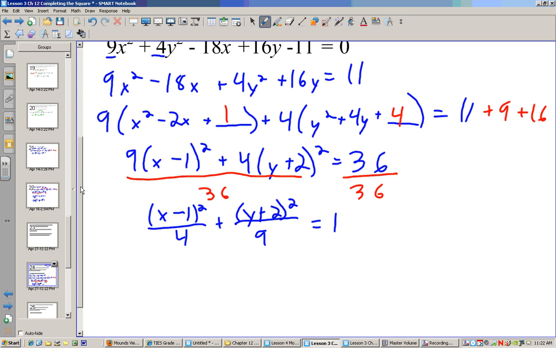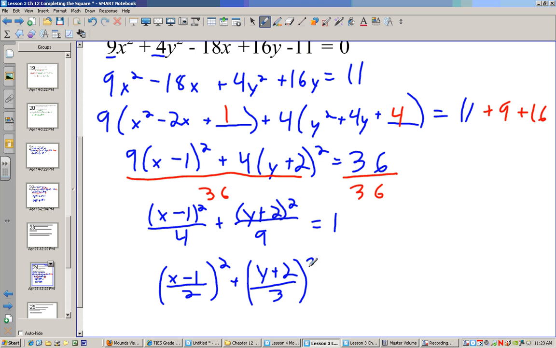And now if we want to put these in parentheses to make it all in standard form, x minus 1 over 2 squared plus y plus 2 over 3 squared is equal to 1.